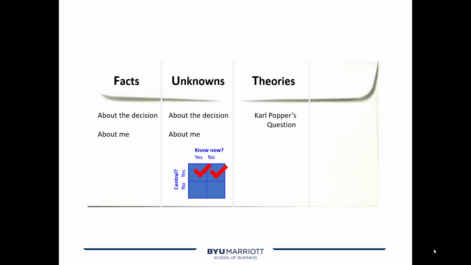And none of you may know who Karl Popper is, but if you studied the philosophy of science in the 20th century, you'd know Karl Popper as the world's premier philosopher of science. And Popper made a really interesting observation about the scientific method and its power. And in fact, it was rather counterintuitive.